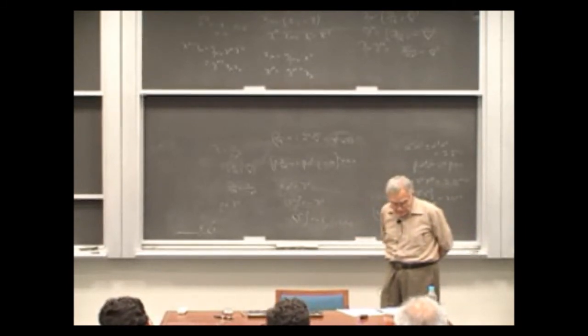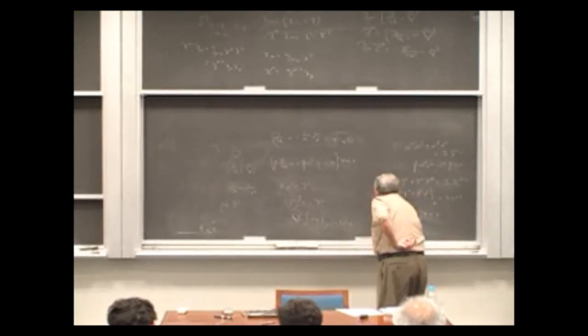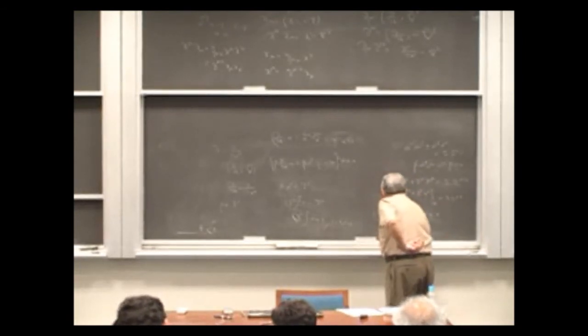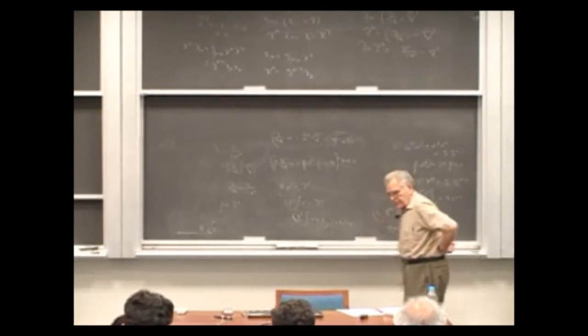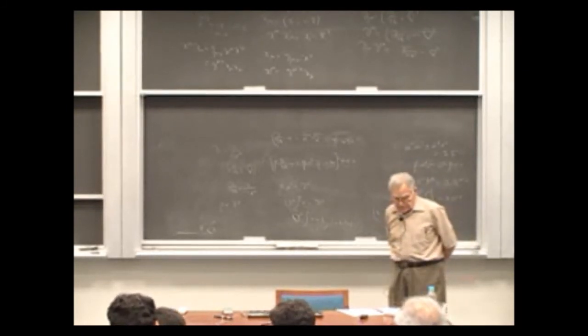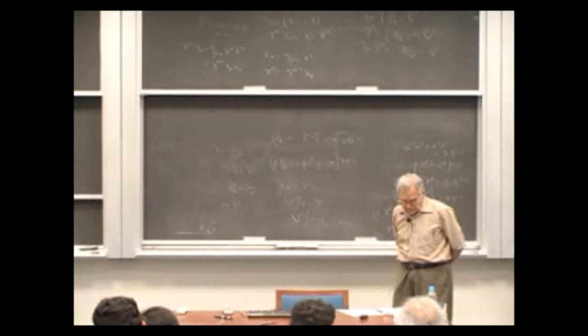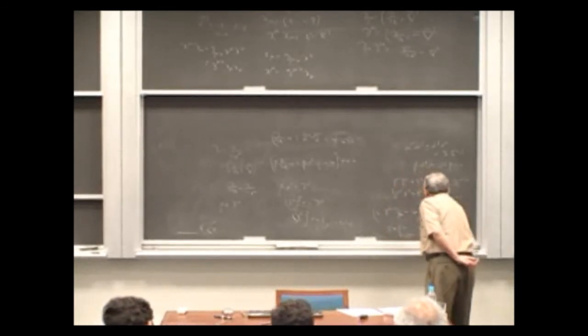And in the Pauli representation, you will have gamma I, which will be zero, sigma I, and the gamma naught remains.